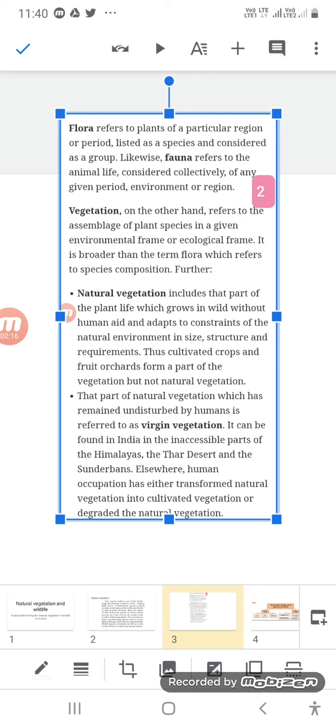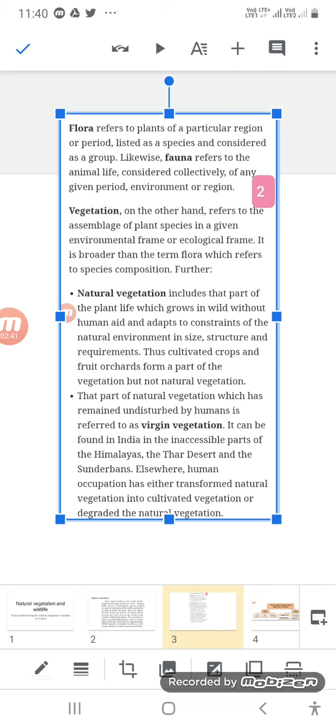It means that type of vegetation, that type of plant cover, which grows on its own, without any human interference, without any human aid, and it adopts the constraints of the natural environment in size, in structure, and any other requirements.